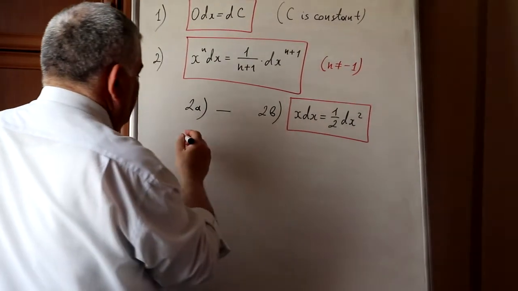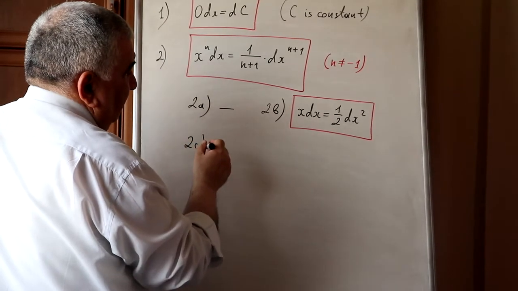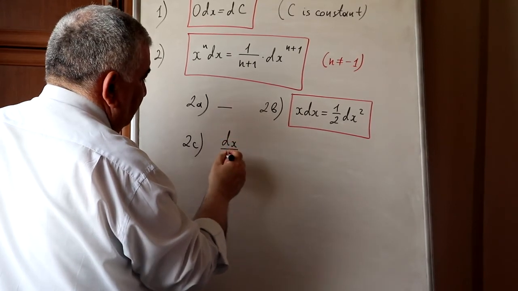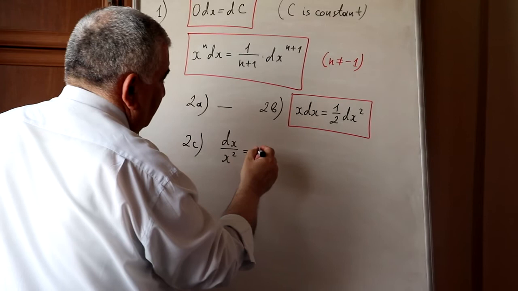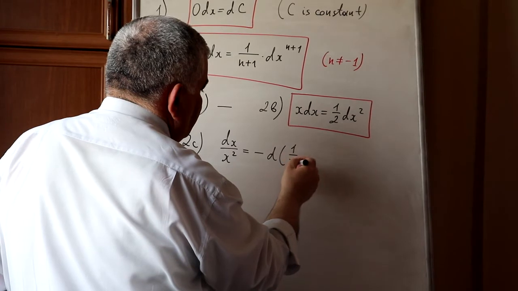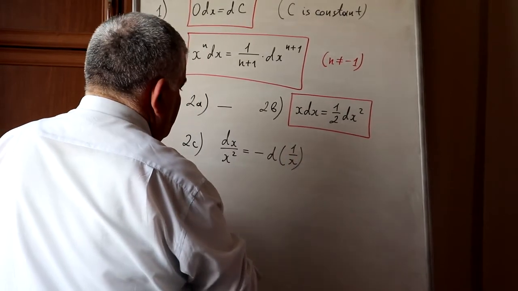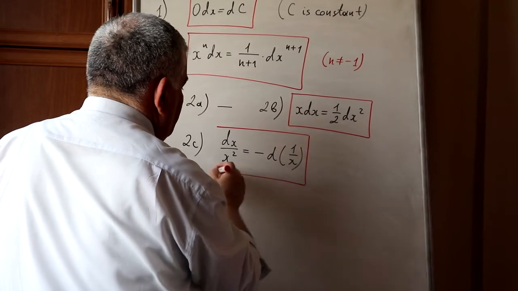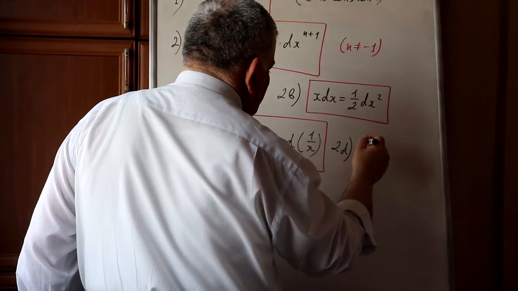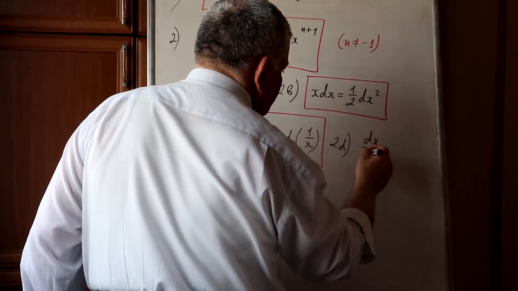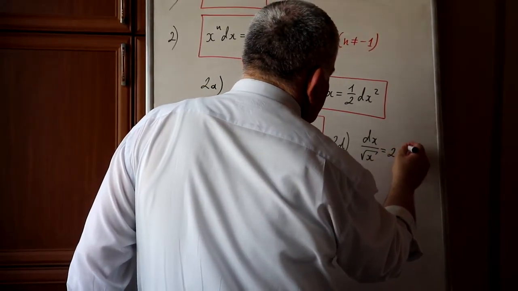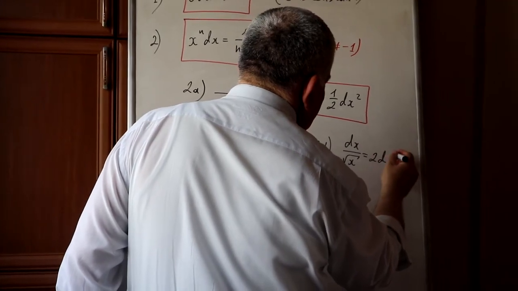Then 2c, dx over x squared is equal to minus d of 1 over x. Then 2d, dx over square root of x is equal to 2d of square root of x.